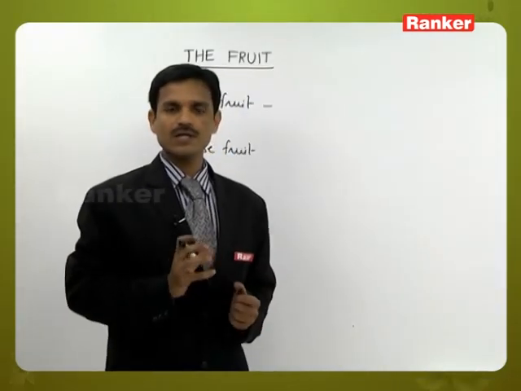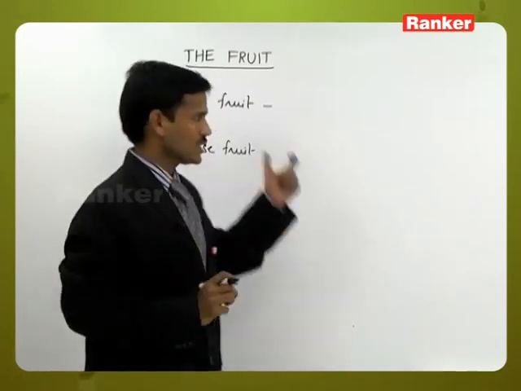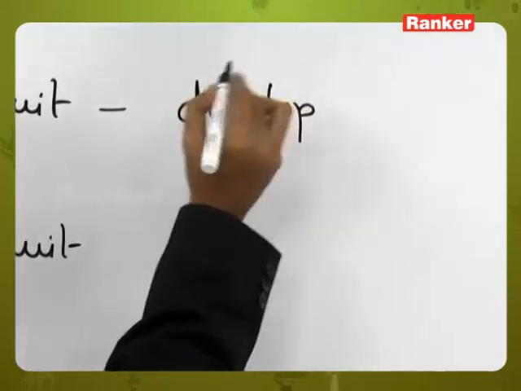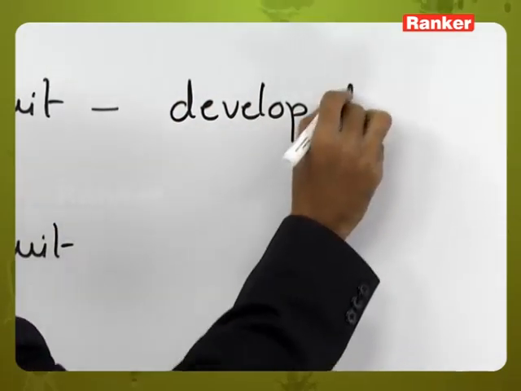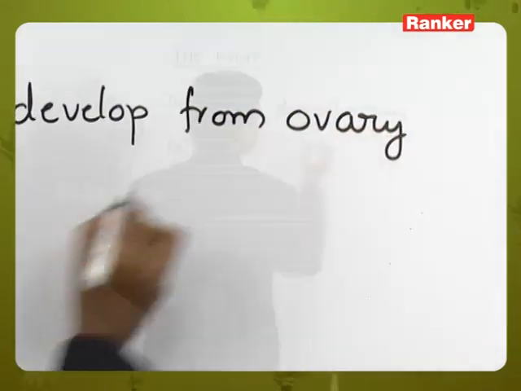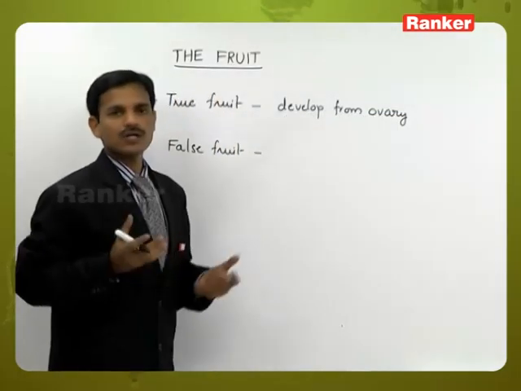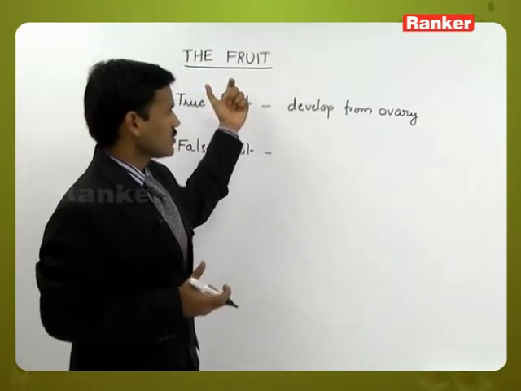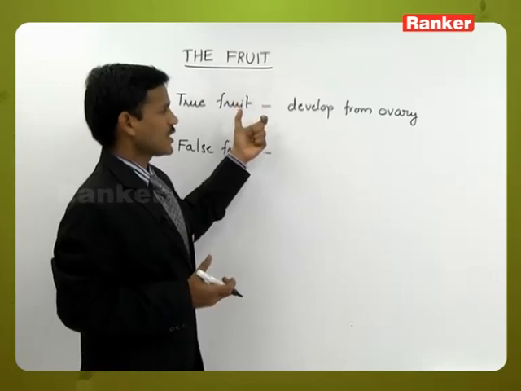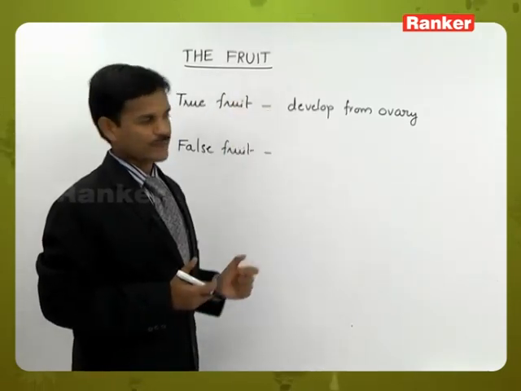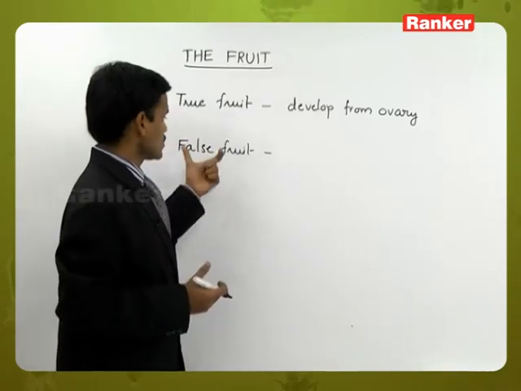True fruits develop from ovary. After fertilization, the ovary develops into fruit. Example: tomato and brinjal. All these are developing from ovaries. So most of the fruits are true fruits only. And false fruits. So what is false fruit?